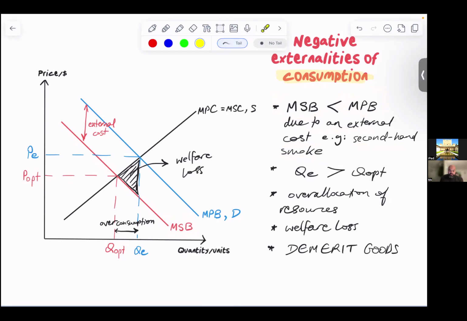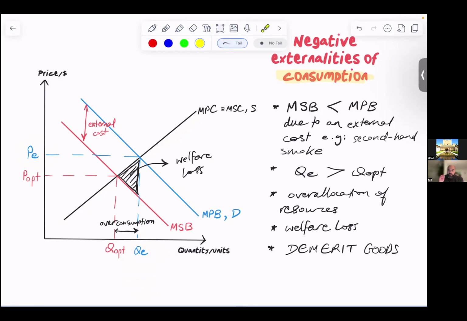Okay, now the intersection of the MPC and the MPB gives us the market equilibrium, QE and PE. Okay, this is the actual outcome in the market. This is the quantity the market is producing, QE, and this is the price the market is charging. However, that price reflects the benefit to the consumer.